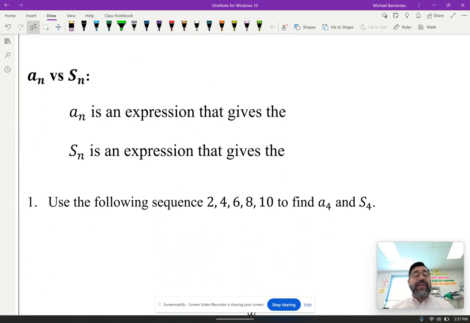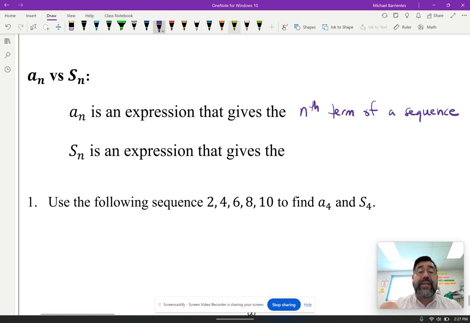So just to make sure we understand, and this is the end of this first video, there's a difference between a sub n, and this is the expression that gives the nth term of a sequence, versus S sub n, and S sub n gives the nth partial sum, which is the sum of the first n terms.